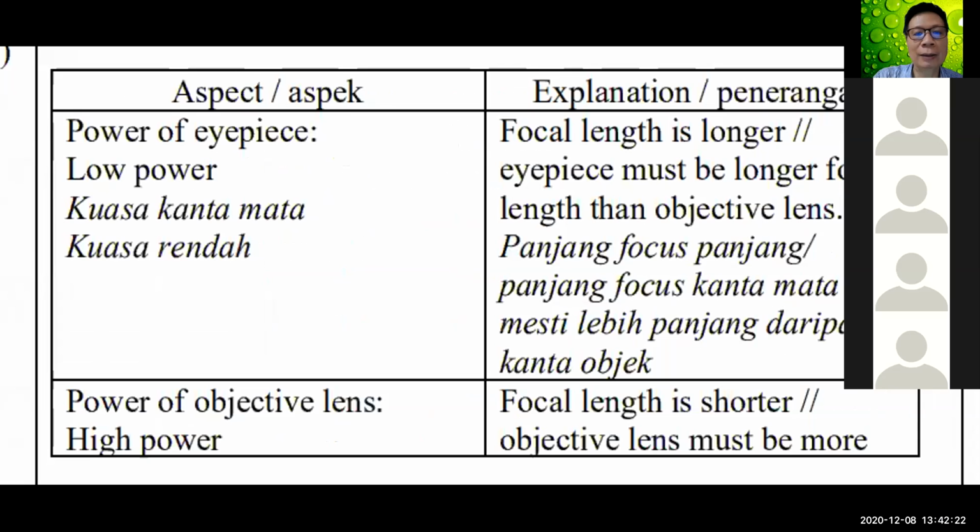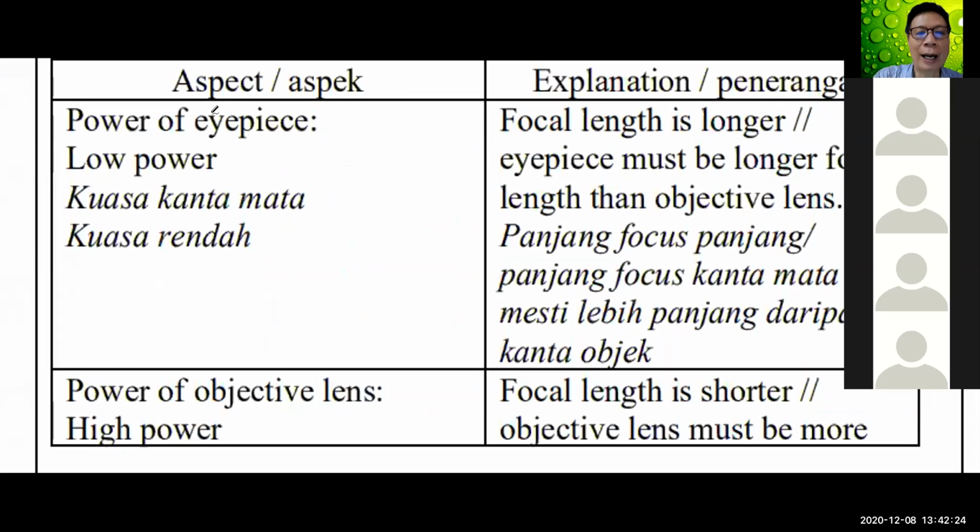First one, the power of the eyepiece must be low power. Eyepiece low power, long focal length, because for a microscope the eyepiece must have a longer focal length than the objective lens.